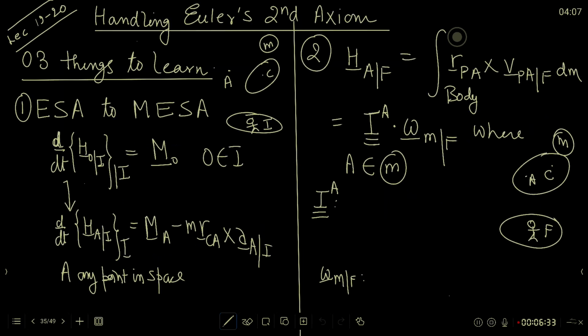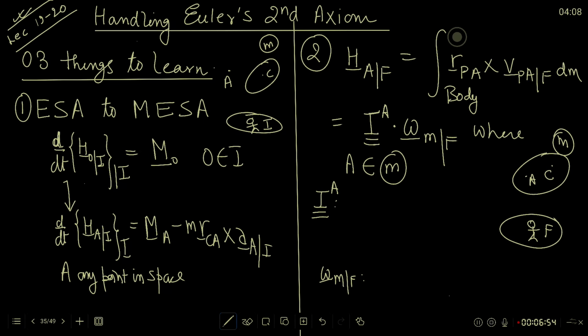Moving on, I want to remind you of this slide which I showed during our lectures number 19 and 20. I was talking about how to handle Euler's second axiom.